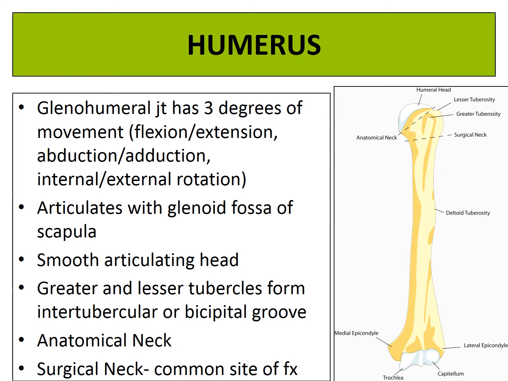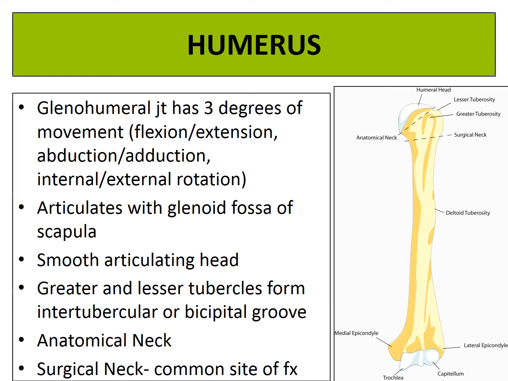But let's talk a little bit about the arthrokinematics of the shoulder joint. If we talk about the humerus, you see the humeral head is our convex surface moving on our concave of the glenoid of the scapula. So if we think of convex on concave, that means that the roll and the glide of the joint are going in opposite directions.